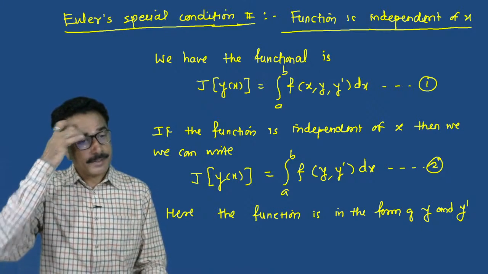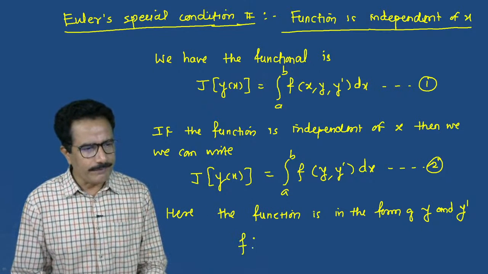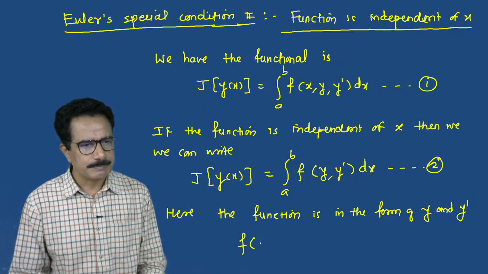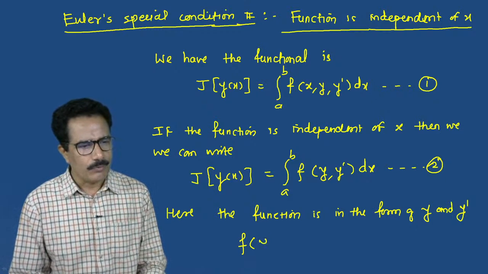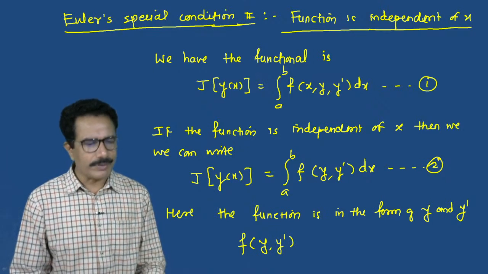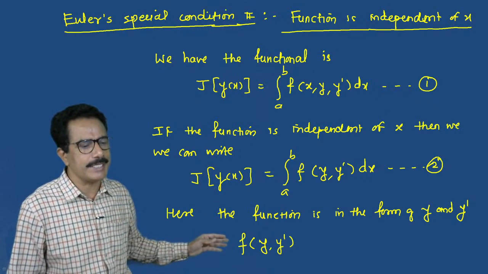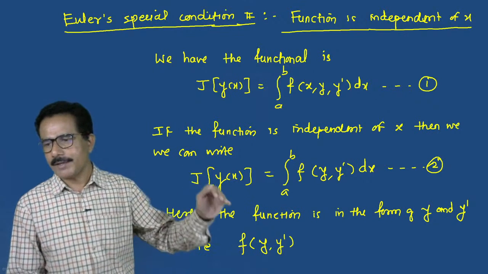So we have given f equals y comma y dash. We have given the function f of y comma y dash.